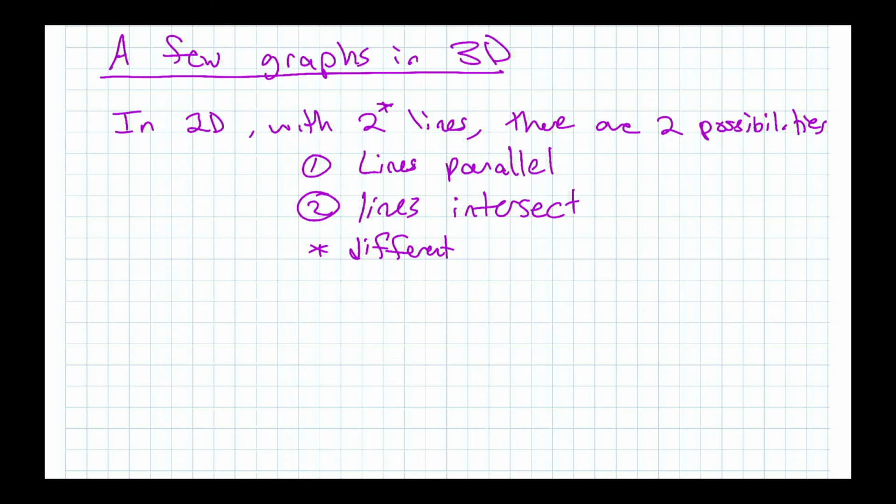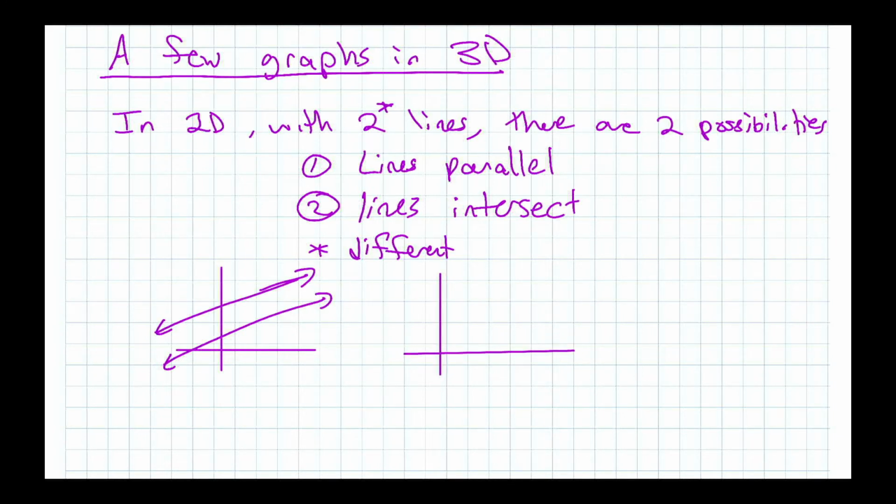Two different lines are either parallel or they intersect, right? Your possibilities are they're either exactly parallel, which they don't look parallel there, but you get the idea, or they are intersecting. Like if you have one like this and one like this, if the slopes are different, then at some point they're going to intersect.